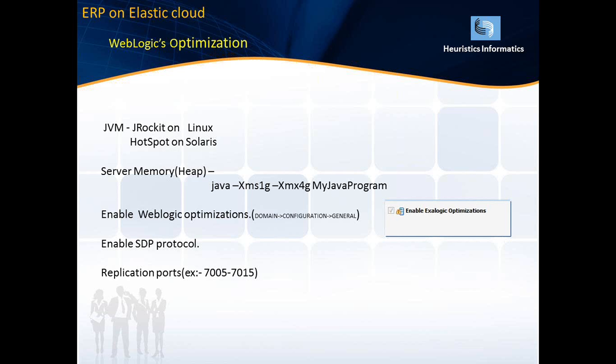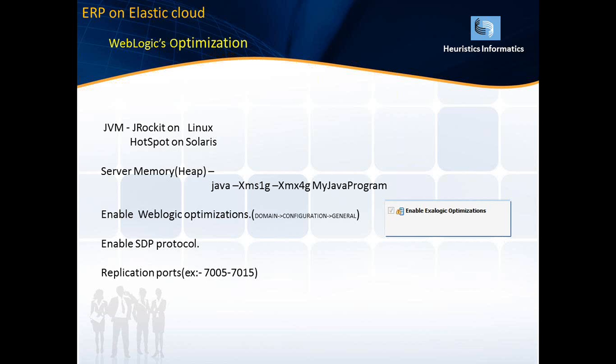For WebLogic, we can also enable the HTTP protocol, which is helpful at the network level, as I told you earlier, since we use it for session replication as well. So this is how we achieve the highest performance at each and every level. It's not achieved at a single level; it's integrated at every level.